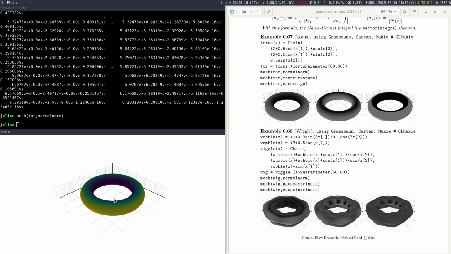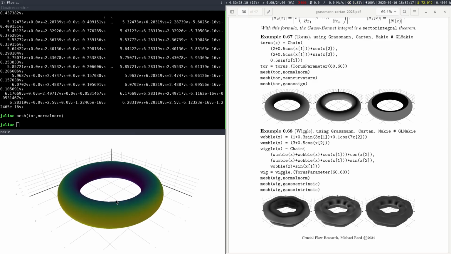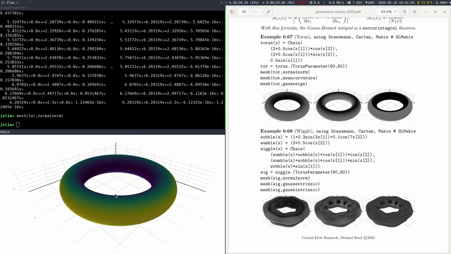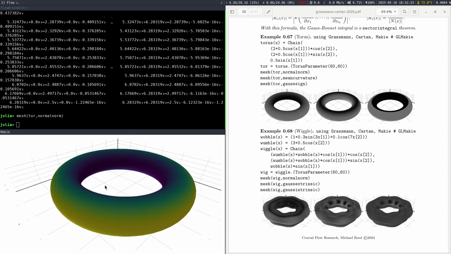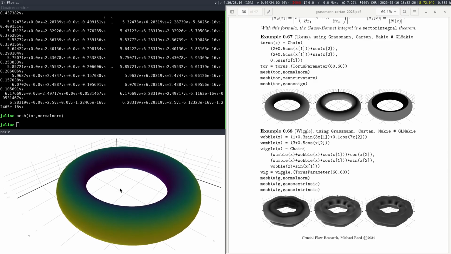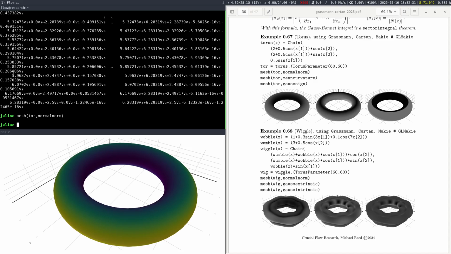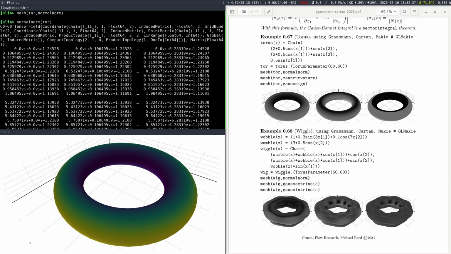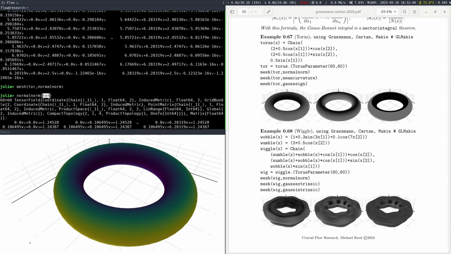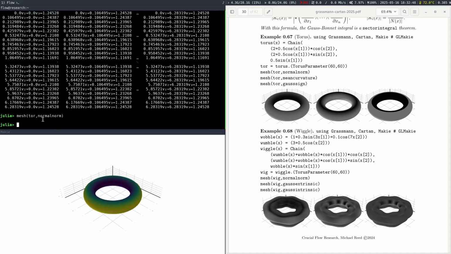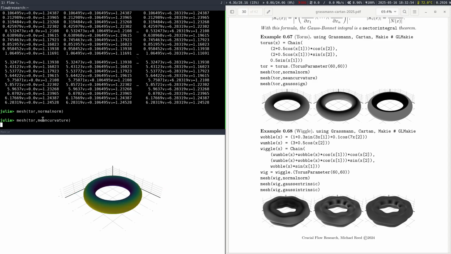Here's an example of a torus, and we use the normal norm map to color it. With normal norm, you could plug the torus object into it, or when you want to visualize it, you can plug it into the mesh function, okay? Or mean curvature.